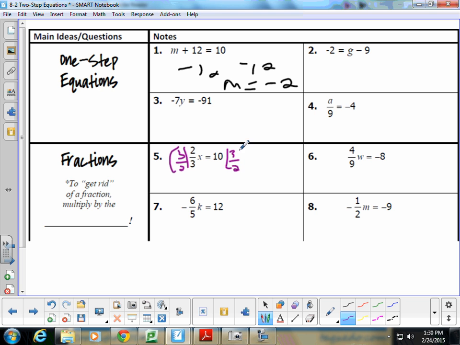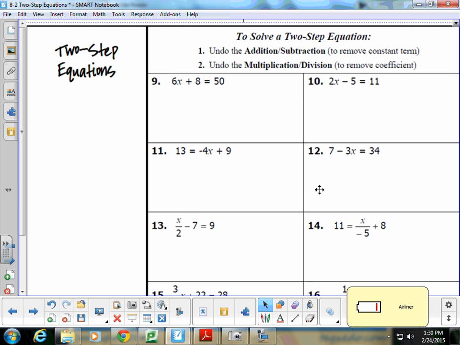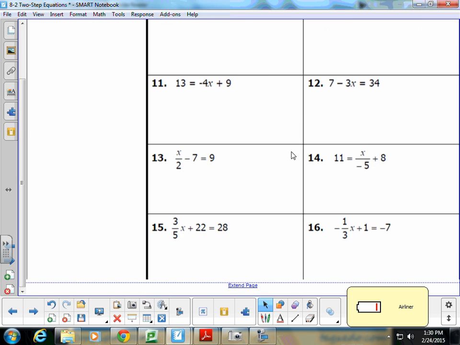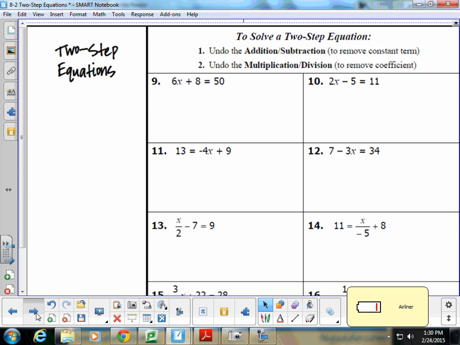So you multiply by the reciprocal, is what you call that. Again, review. Come back to this as extra practice when you are done as well, and we'll go over a little bit of it.